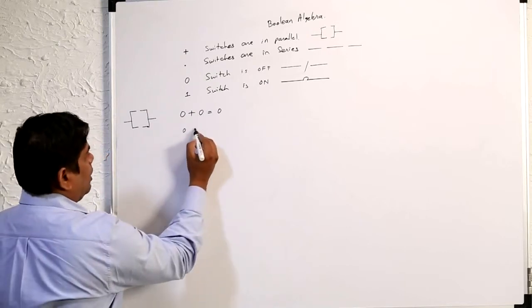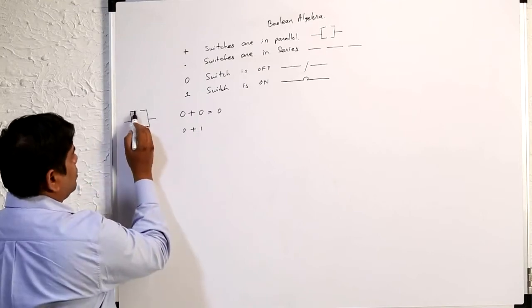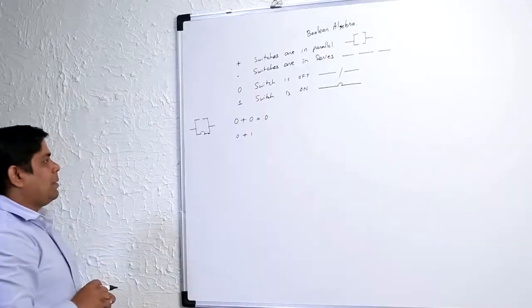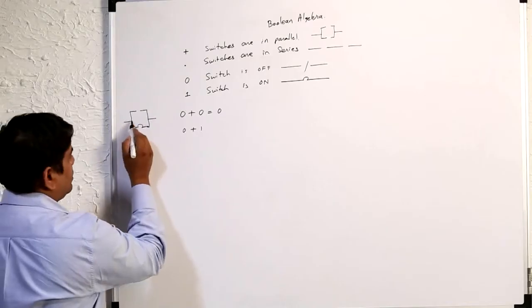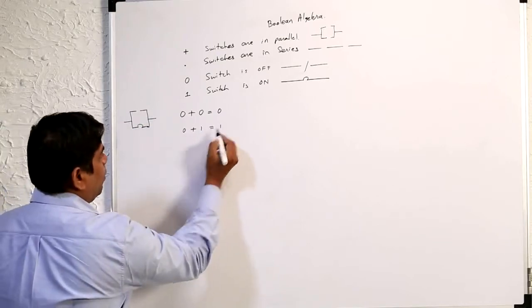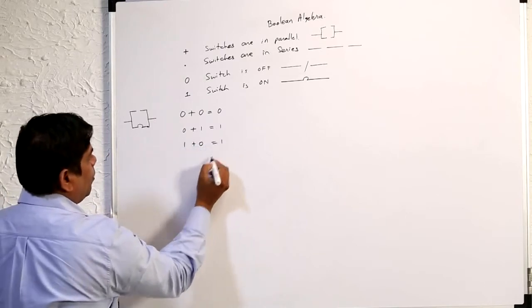Let us see what happens to 0 plus 1. Now you have an off switch connected to an on switch. If you supply current here, it reaches here by this way. So 0 plus 1 is going to be 1. Similarly, 1 plus 0 is 1.